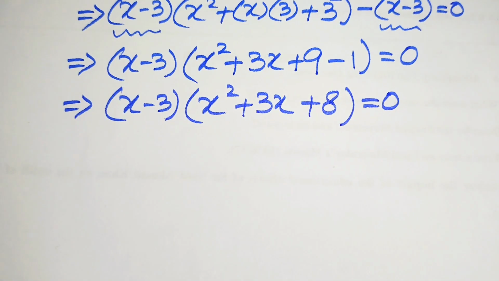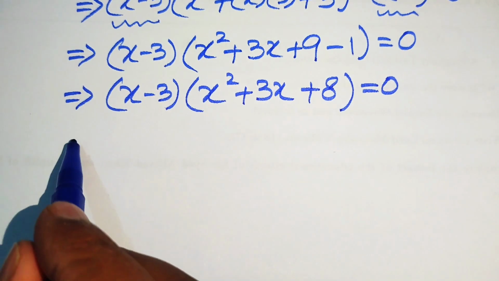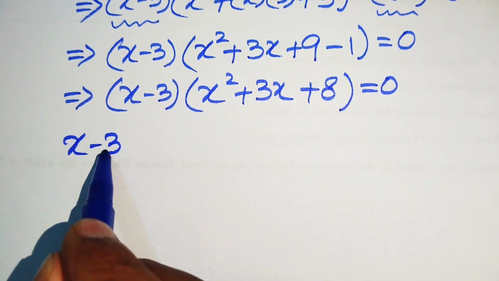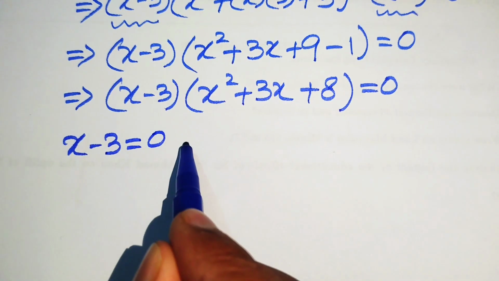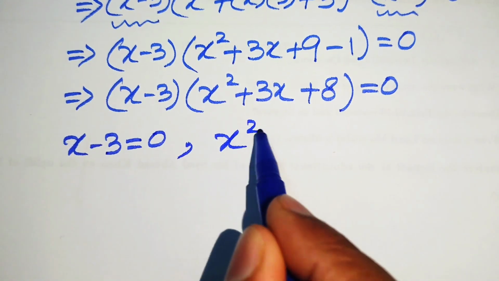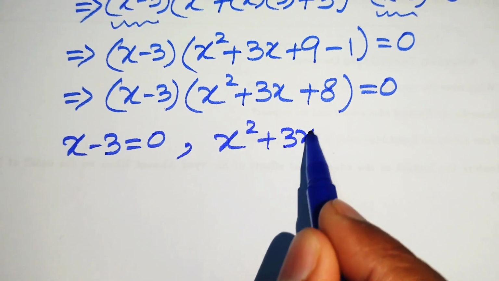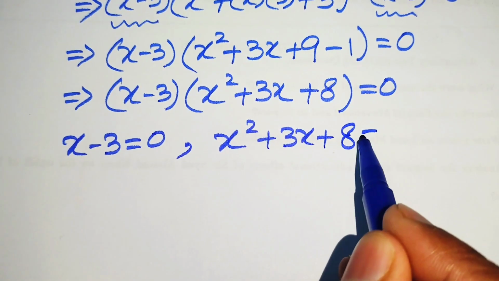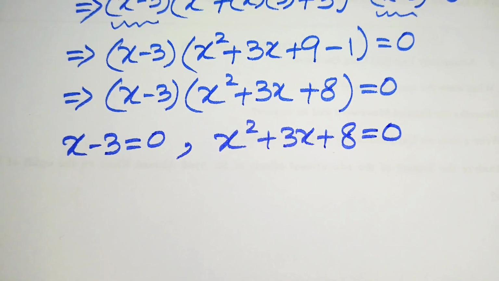In the next step, we divide this equation into two cases. The first case is x minus 3 equals 0 and the second case is x square plus 3x plus 8 equals 0.